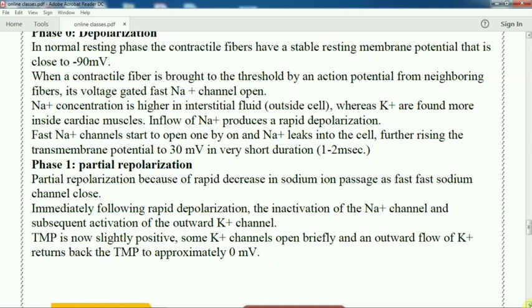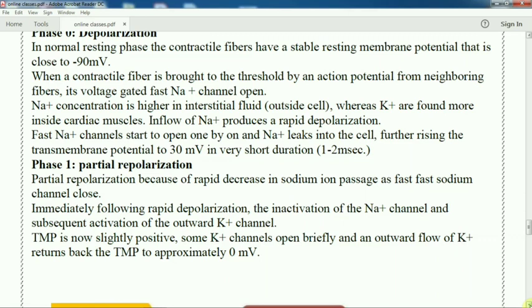Some potassium channels open briefly, and the outward flow from inside to outside returns the membrane potential to approximately 0 millivolts. That means the charge inside the cardiac muscle goes from 30 millivolts to 0 millivolts.